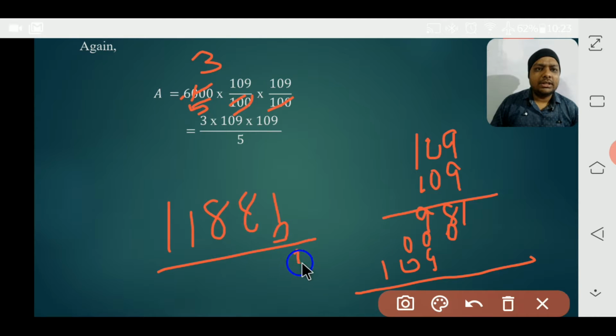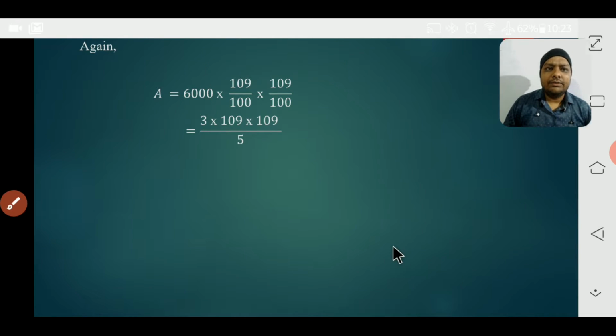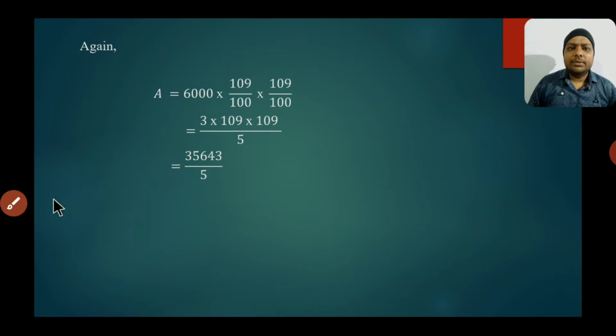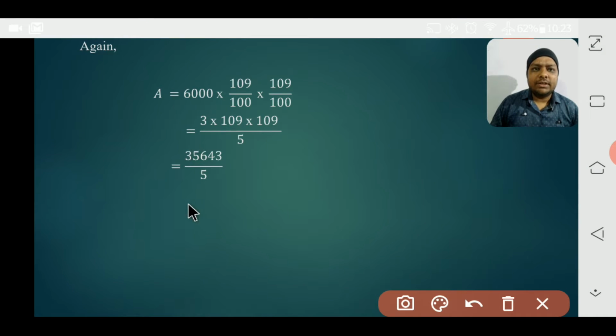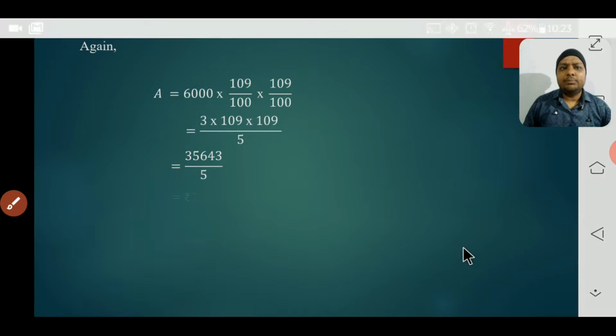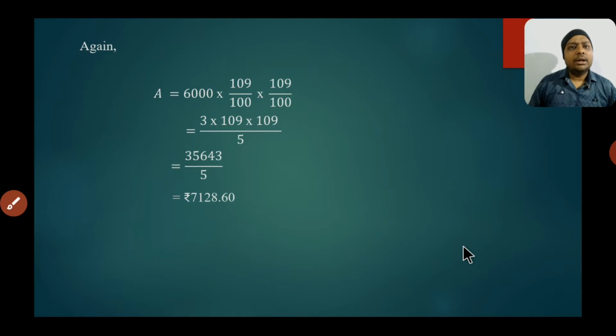We get 35,643 by 5. Now we will divide: 5 sevens are 35, 5 ones are 5, 5 twos are 10, 5 eights are 40, and 5 sixes are 30. We can add 0. So 7,128.60 will be the amount.